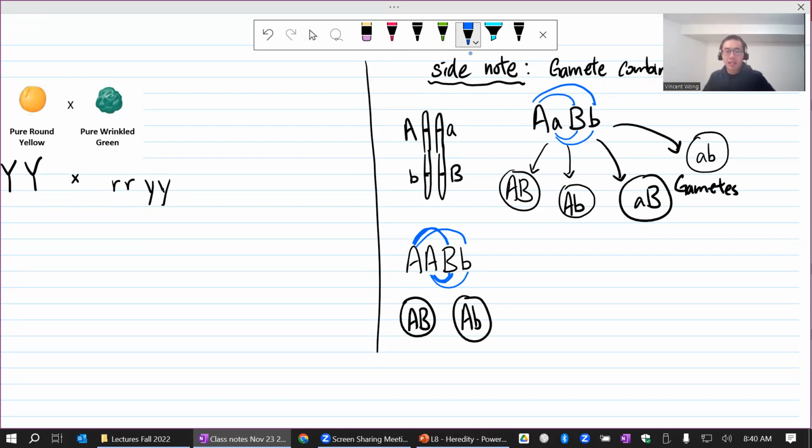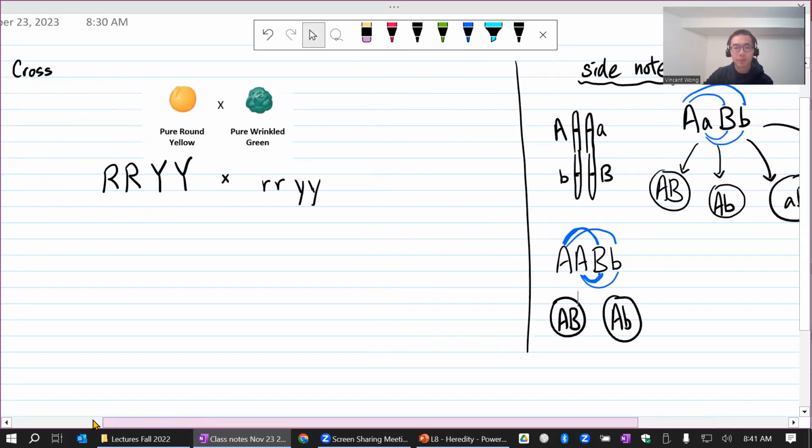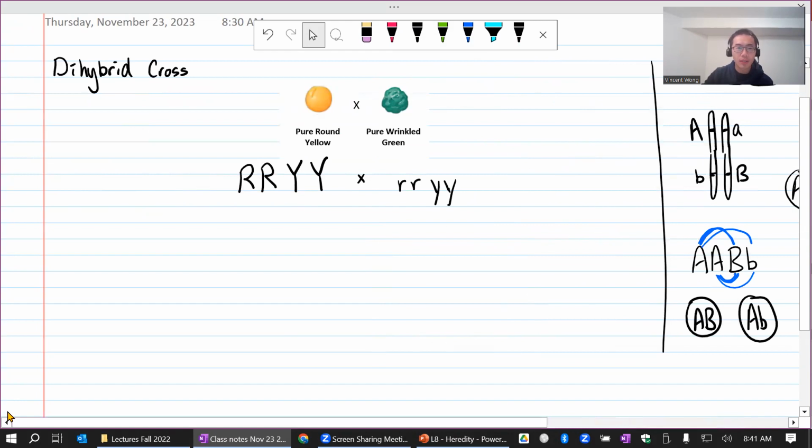Okay, so for this person, only 2 possible types of gametes if we are just looking at these 2 genes, right? Are we okay, everybody together on this? Okay, thank you.